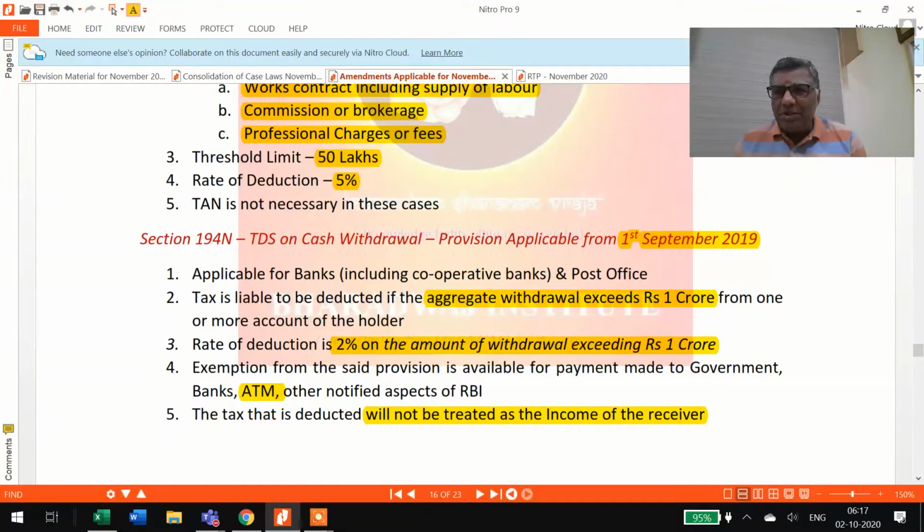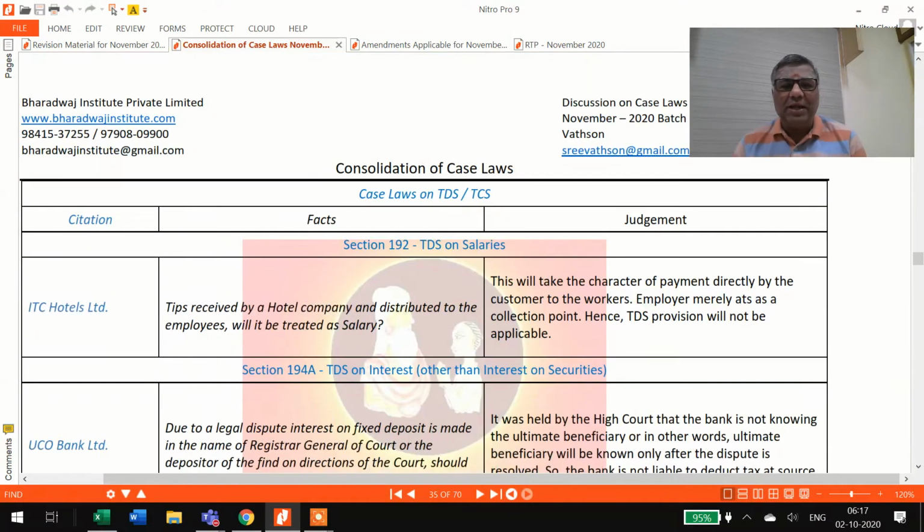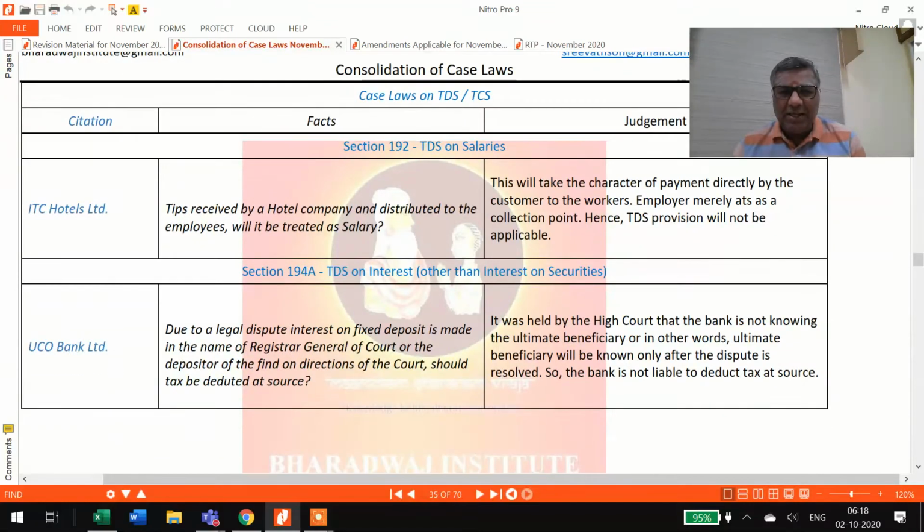In terms of case laws, let us quickly run through them. I am very sure they will come and stand in front of you now. Very easily, the first is ITC Hotels, questioned enough number of times already.